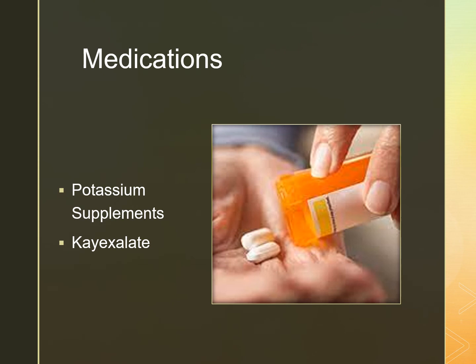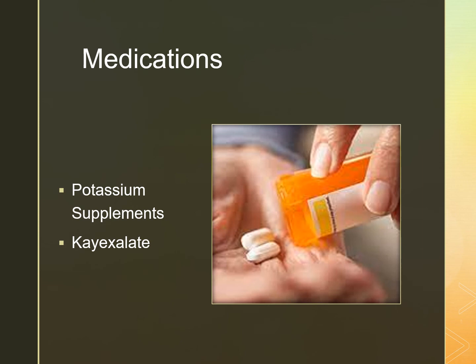Nurses should encourage clients that are taking oral dosages of potassium to take it with food or at least 8 ounces of water. If it is in a liquid form, we usually mix that in juice. We never administer potassium in a concentrated strength intravenously.